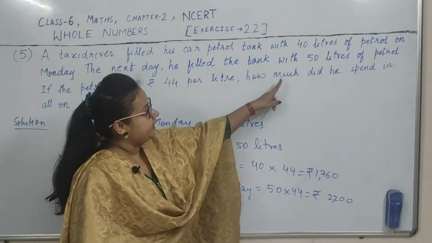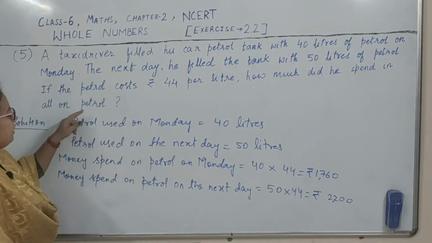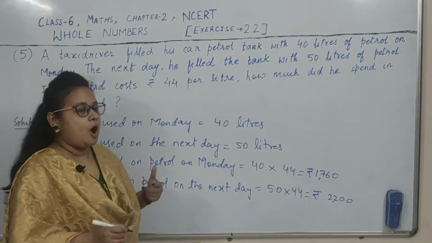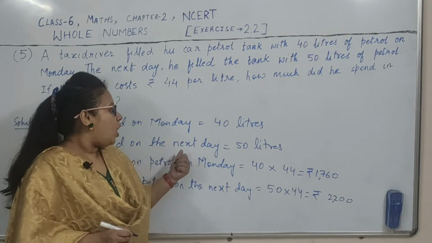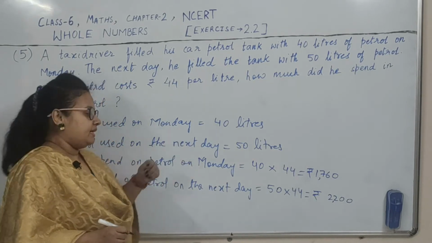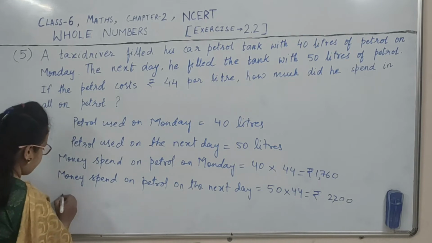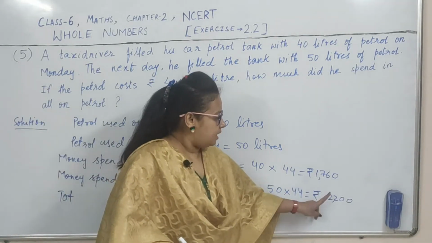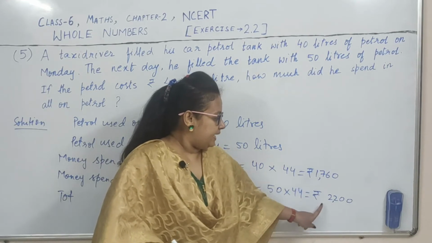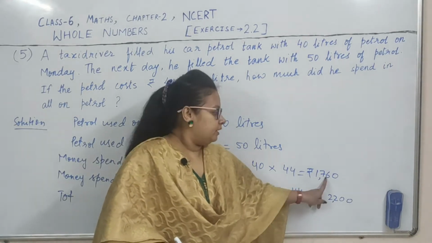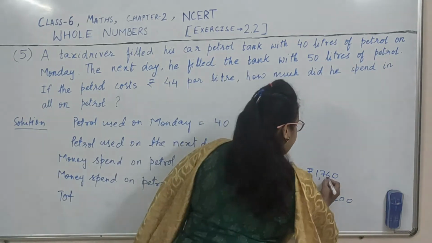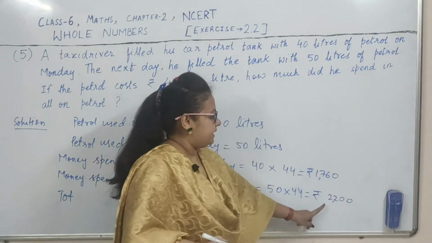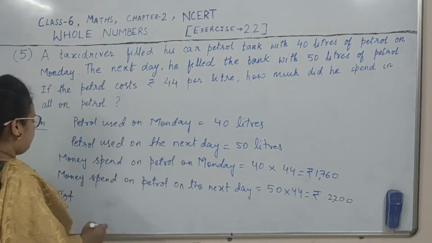So how much did he spend in all on petrol? So total money, how much he spent on petrol on these 2 days, Monday and the next day. So what we have to do is add these amounts: the money spent on Monday and the money spent on the next day. If we add these two, we will get the total money he has spent on petrol on these 2 days.